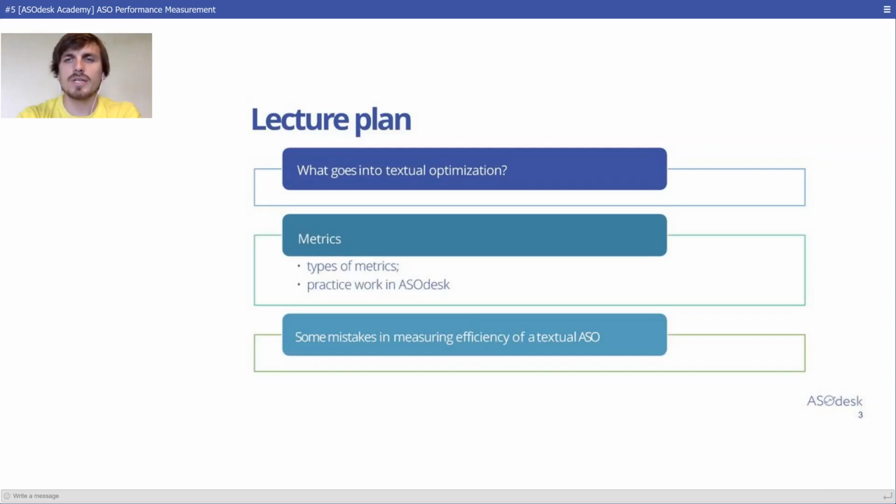Then we'll practice in ASOdesk how to measure efficiency of textual optimization, looking at it through the prism of internal and external metrics. And at the end of the lecture, I will show you a few basic mistakes which ASO beginners make while measuring ASO efficiency.